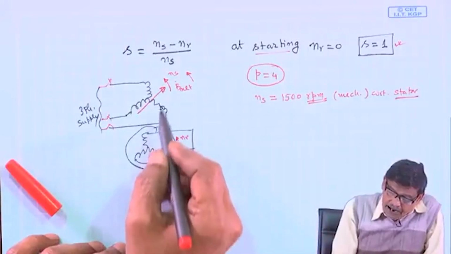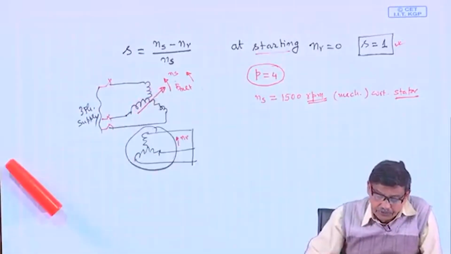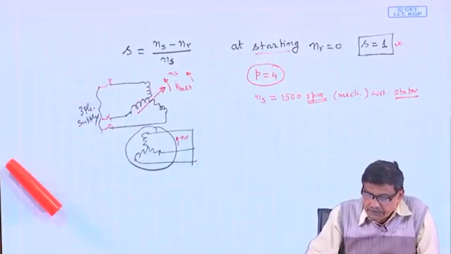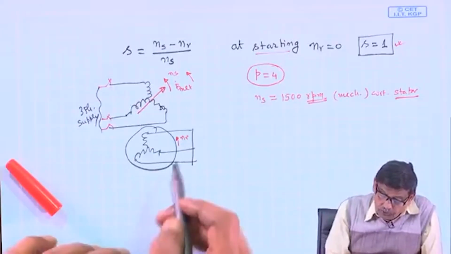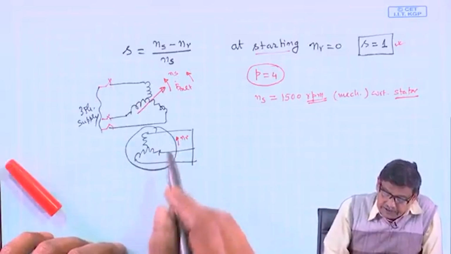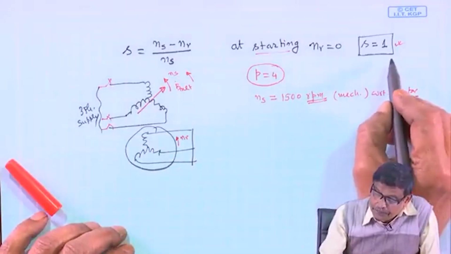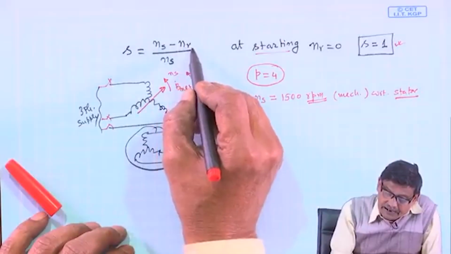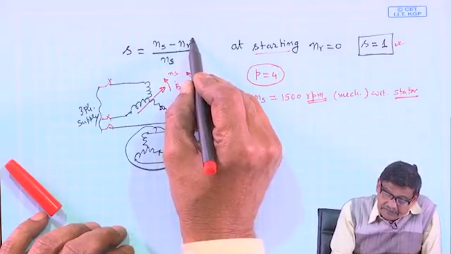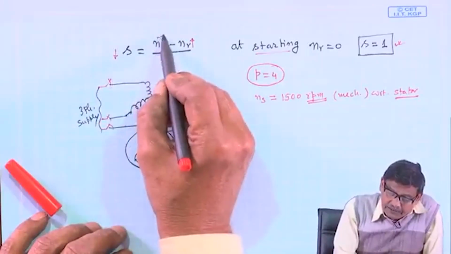It will move in the anticlockwise direction, as I have shown, the phase sequence I have chosen that way. Then rotor starts also moving in that direction, and as it moves, the value of slip, which is Ns minus Nr, Nr is increasing and slip value will decrease, because Ns is fixed.